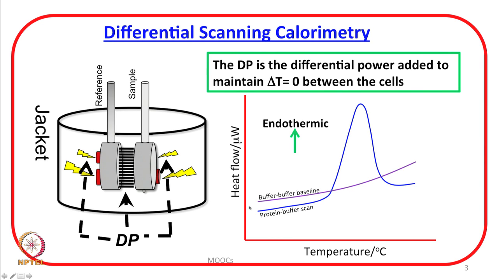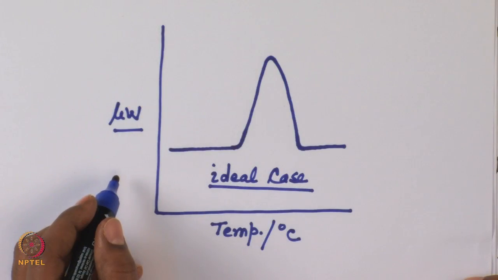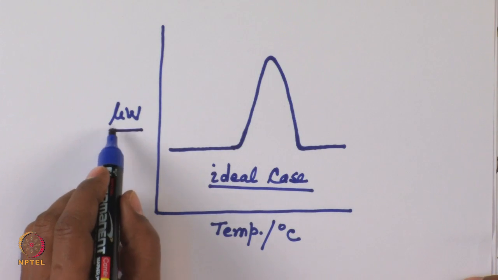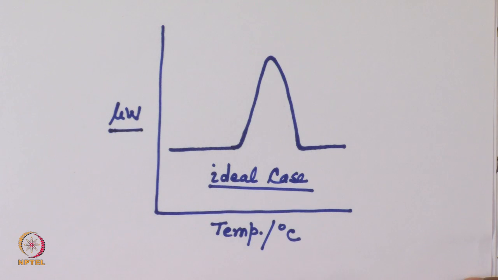Please also note that I have written over here buffer baseline. Why does one need to do a buffer baseline? I will explain next. But first of all, you see over here, the output is actually in terms of microwatts, that is the additional power which is supplied as a function of temperature.